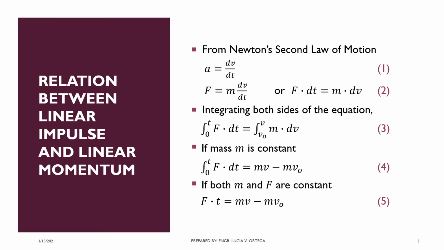If mass m is constant, the integral of F dt from time 0 to t is equal to mv, mass times final velocity, minus mass times initial velocity. So you have equation 4. You can factor out mass since mass is constant. If both m and F, mass and force, are constant, the equation would be force times time is equal to the differential momentum, so mass times the change in velocity.